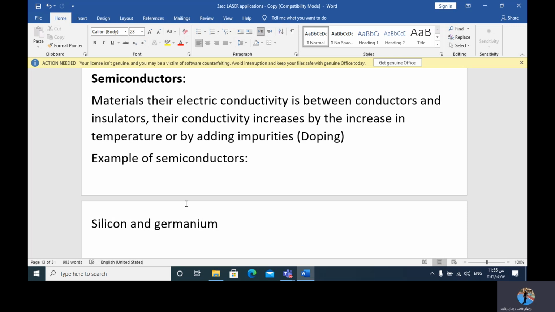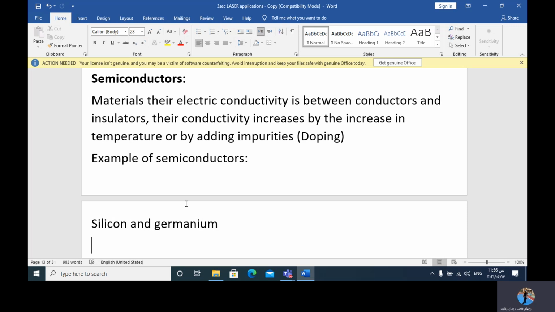So the definition of semiconductors: they are materials whose electric conductivity is between conductors and insulators. Their conductivity increases by the increase in temperature or by adding impurities. We call adding impurities doping.